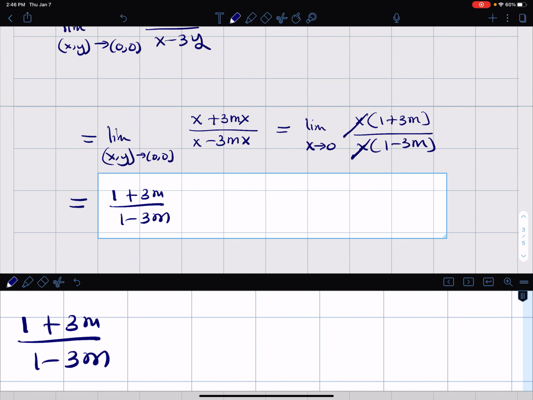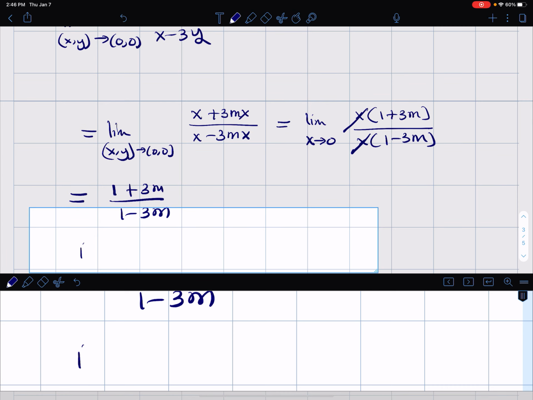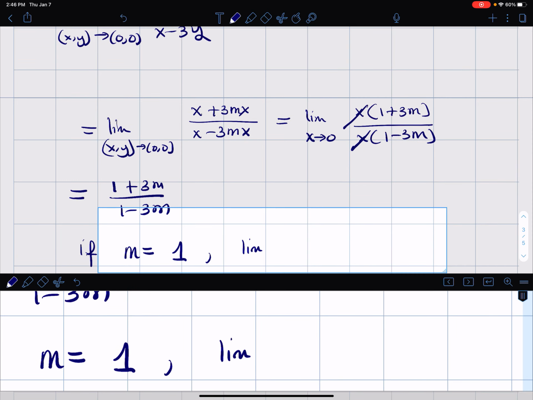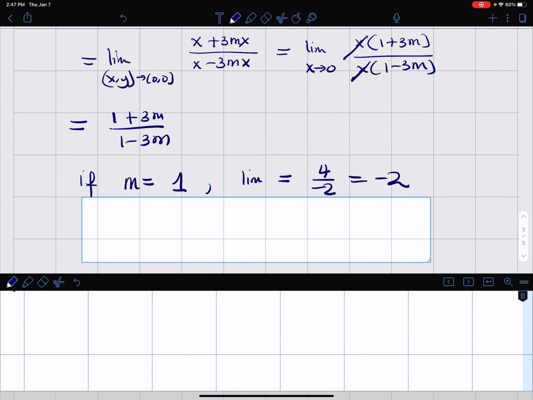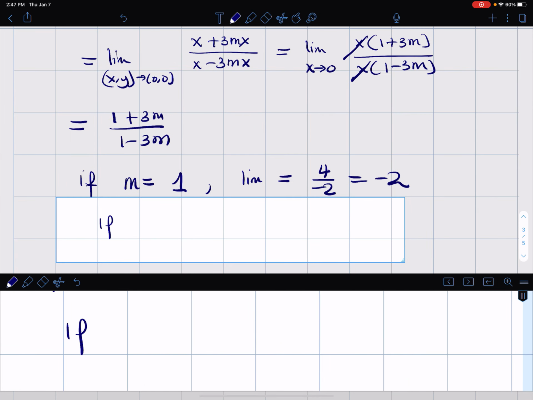Interesting. So if m is equal to 1, for instance, then the limit is, plug in 1 at the top, you get 4. Plug in 1 at the bottom, you get negative 2, so the limit is negative 2. However, if m is equal to 2, the limit is different.